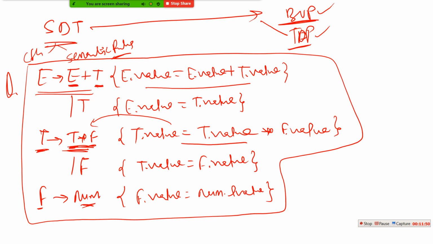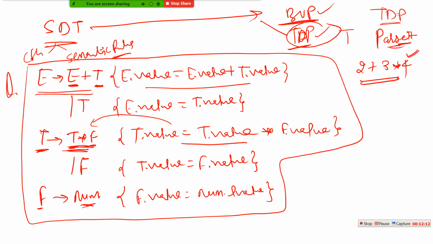So suppose my string is 2 plus 3 into 4, and I need to parse it using top down parsing, that is from left to right.